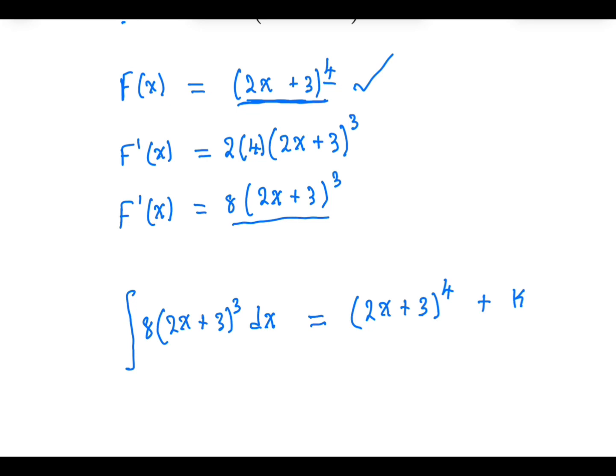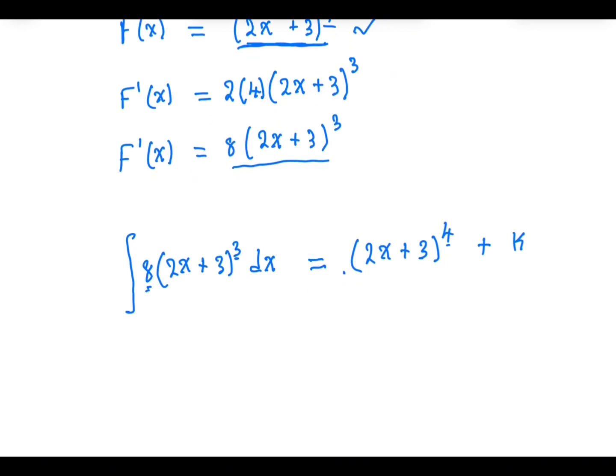Now, how is that possible? You see here that the coefficient is 8. Here, the coefficient 8 is gone. And the exponent here is 3. Here, the exponent has been increased by 1. Now it becomes 4. So this simply means that if we multiply this by 1 over 8, then this should be 1.